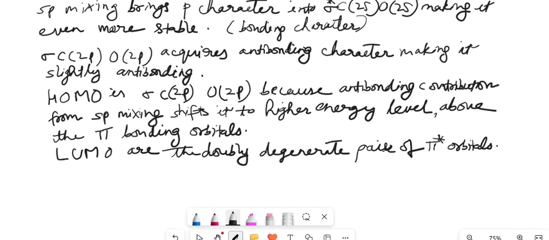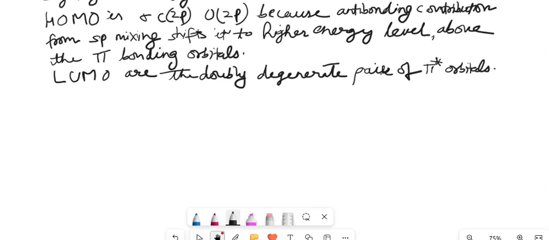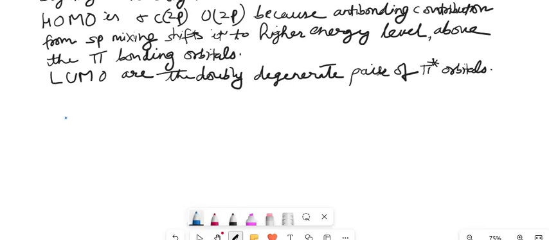Now this is all about the molecular orbital diagram of carbon monoxide. Now it will be clear how the energy levels get modified by the sp mixing.